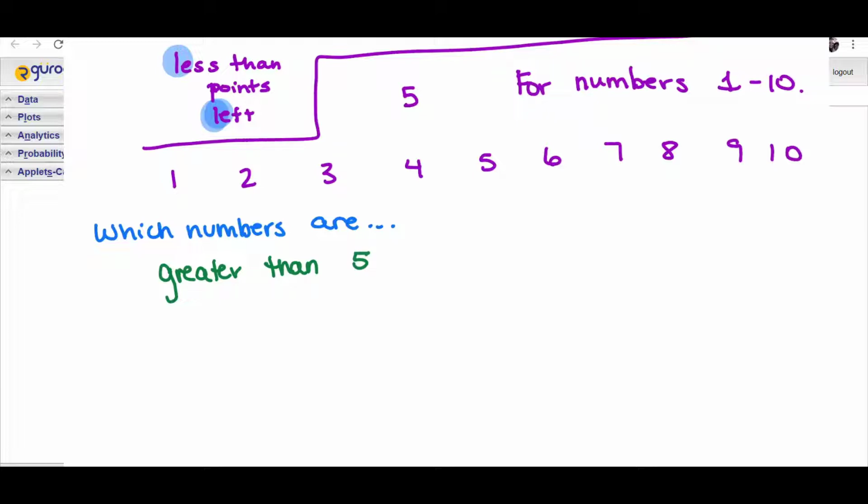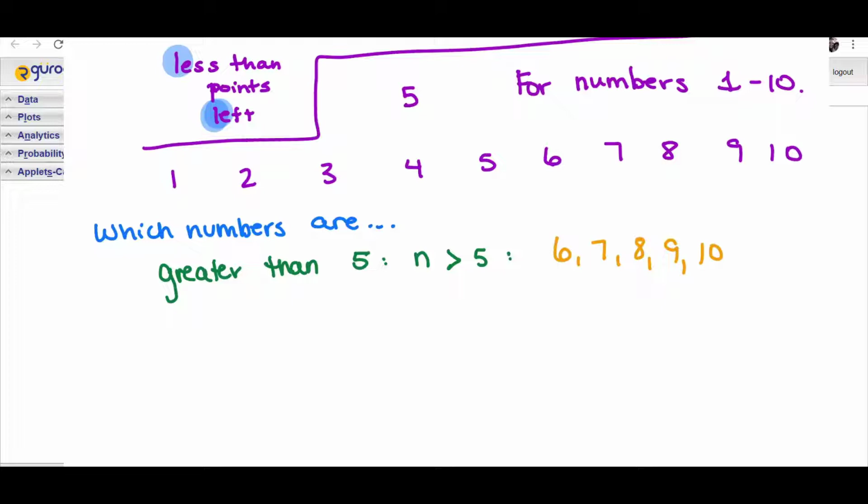So we would use the greater than sign. Greater means bigger. So those would be 6, 7, 8, 9, and 10. Notice 5 is not included.